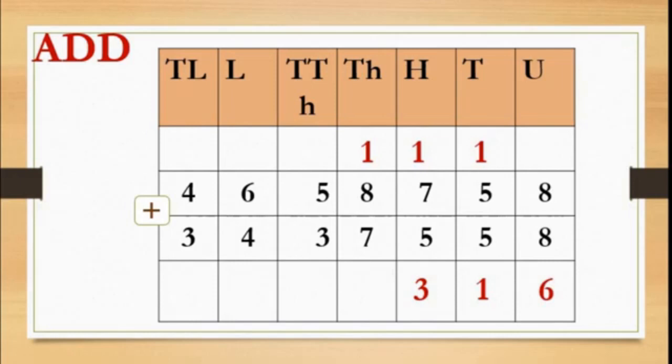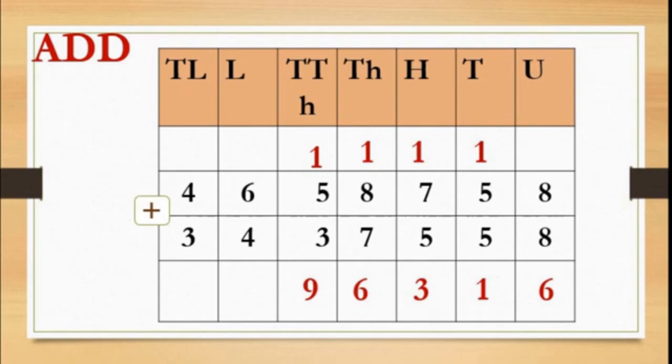Then 1 plus 8 plus 7, that is 16. 6 we will write down and 1 is carried over to the 10,000s place. Again here 1 plus 5 plus 3 is 9. No carry over because only a single digit is there. So we are writing that number in the 10,000s place.